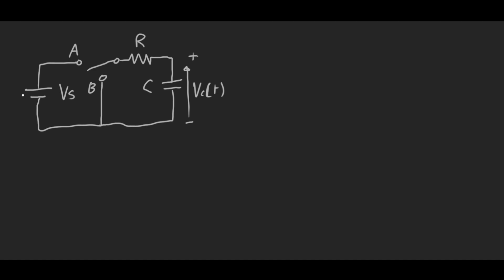So when the switch is connected to point A, the capacitor is in the charging operation. Now, I won't really go much into the derivation of how to derive these formulas. I think what's important is that you know how to apply these formulas correctly.